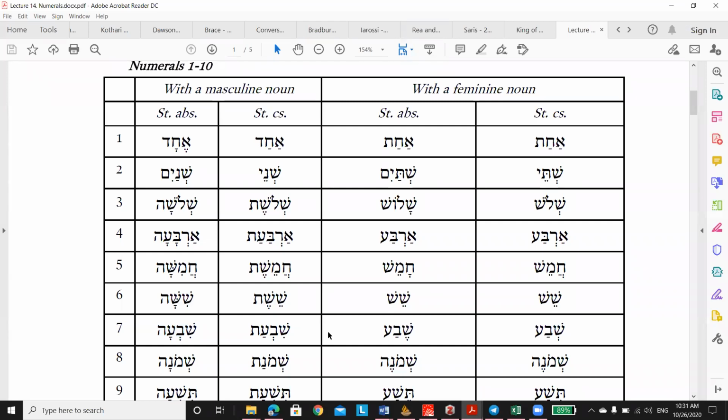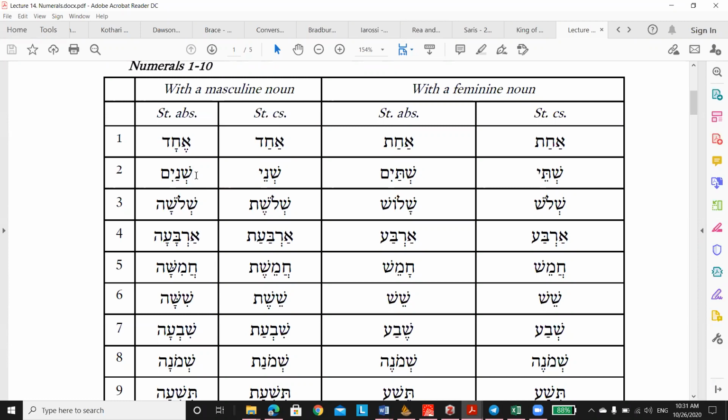Yes. So now the only exceptions are numbers 1 and 2, because echad is masculine, and it should agree with the noun in gender. And the same is true about number 2.